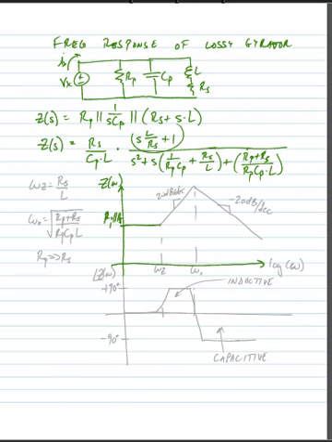When we reach this 0 frequency, and we could say that the 0 frequency, omega Z, is equal to RS over L, the impedance would start to increase at 20 dBs per decade. So this is a 0 frequency.